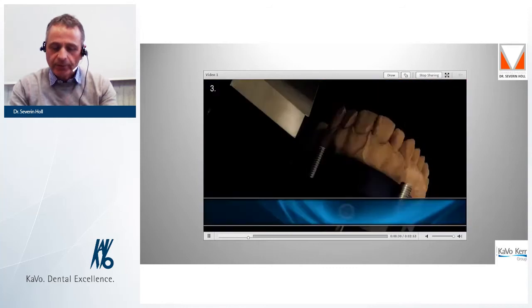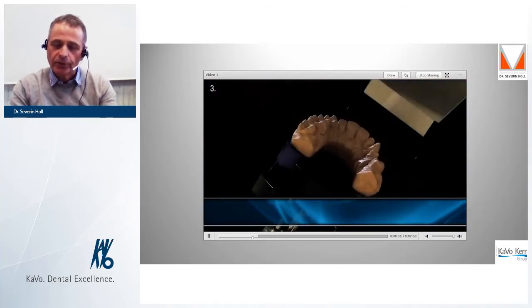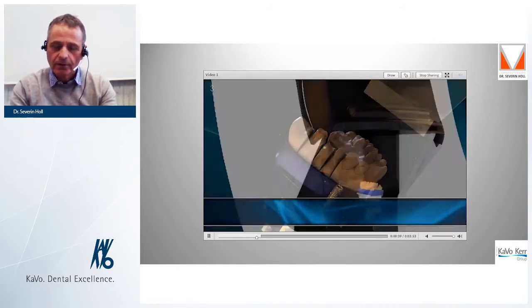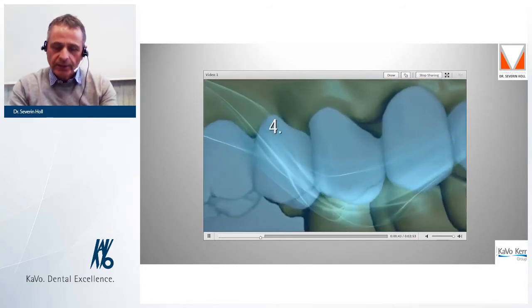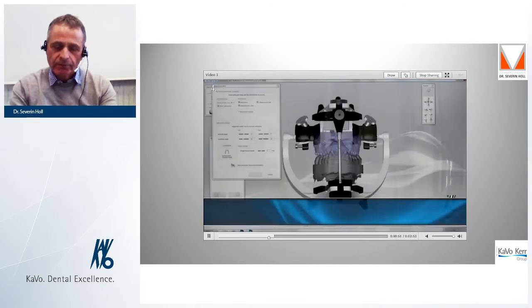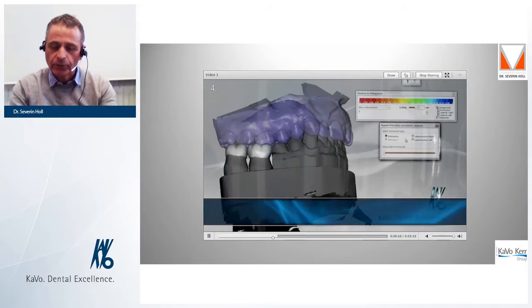In the third step, we digitalize our analog stone model with the help of an optical scanner. With these data, we can now start a prosthetic plan in our CAD/CAM software Multicad. With the virtual articulator, we achieve the correct occlusal surface.